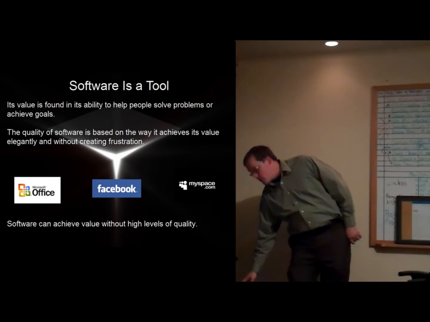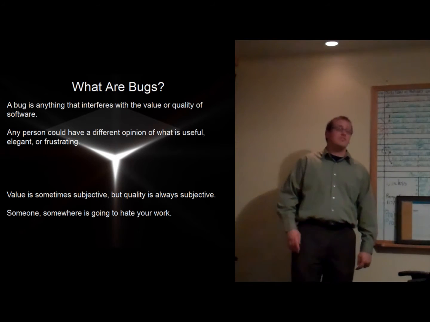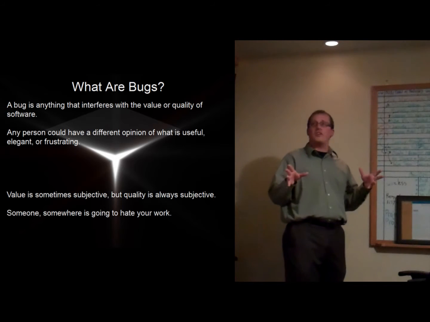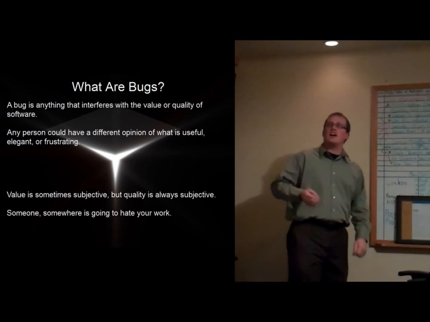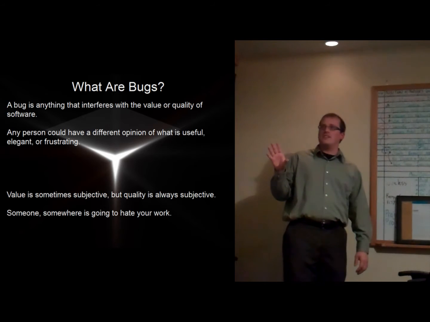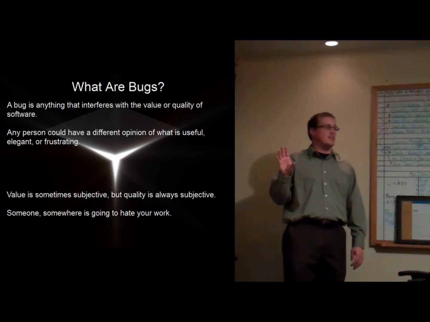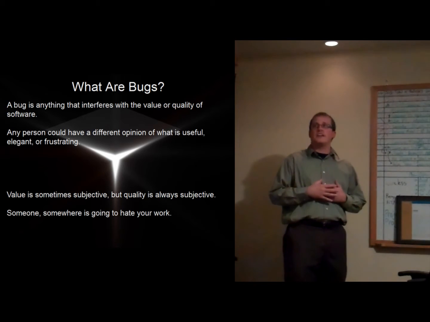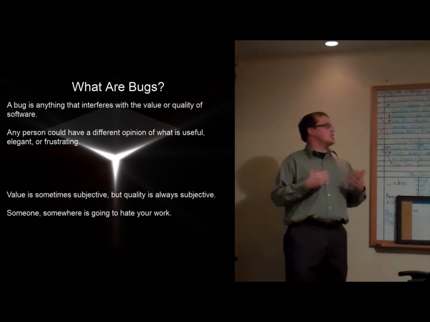So then the question becomes, if that's the case, what are the things that are interfering with the value or the quality of your software? And usually when we talk about that, we're talking about a bug. Now, I'm defining it this way because I think it's useful to get away from the idea that a bug is something that doesn't meet a design specification, or that a bug is something that was unintentional.